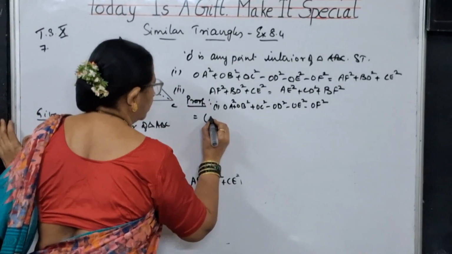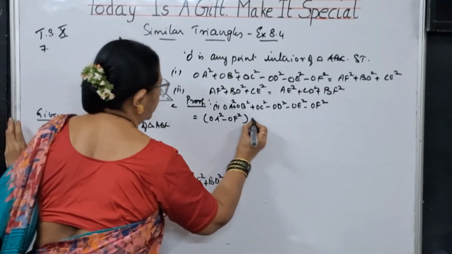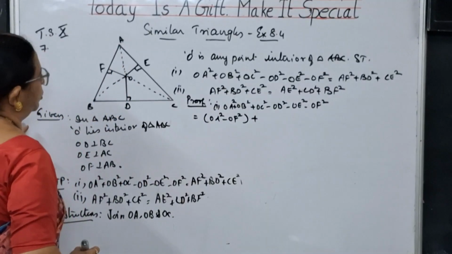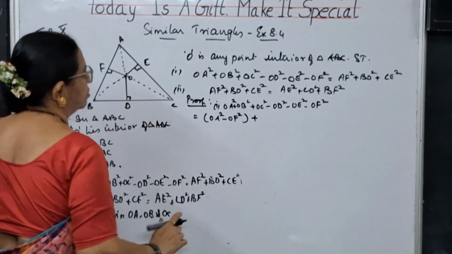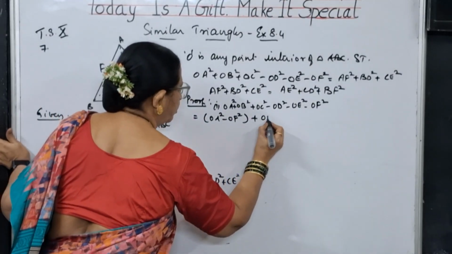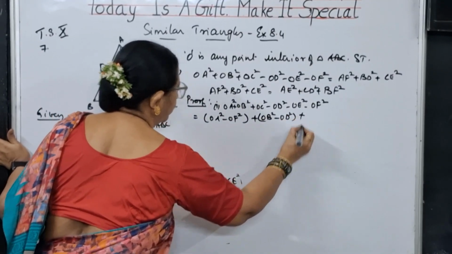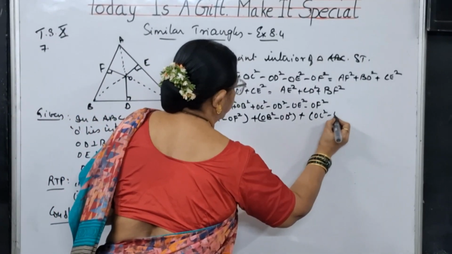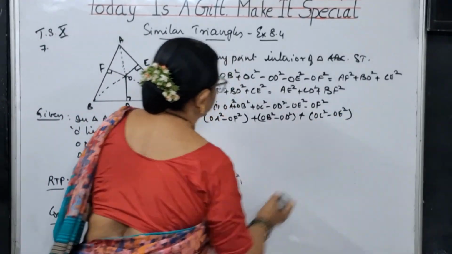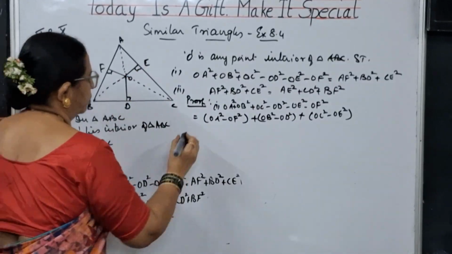So let me take OA square minus OF square as one group, OB square minus OD square as one group, plus OC square minus OE square as one group.